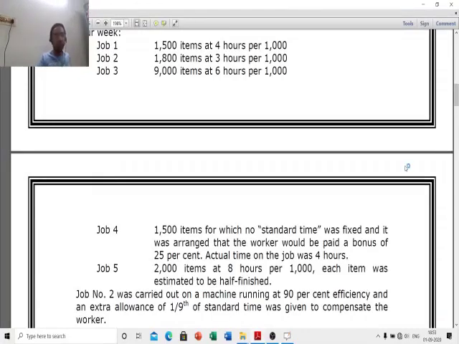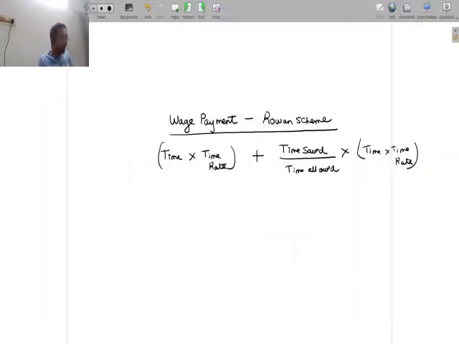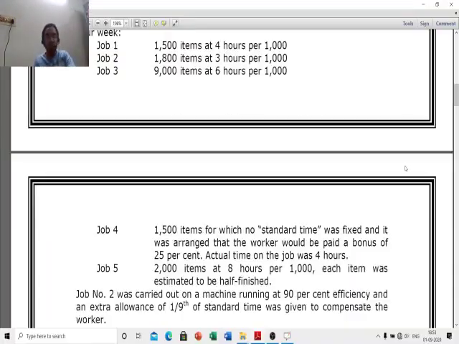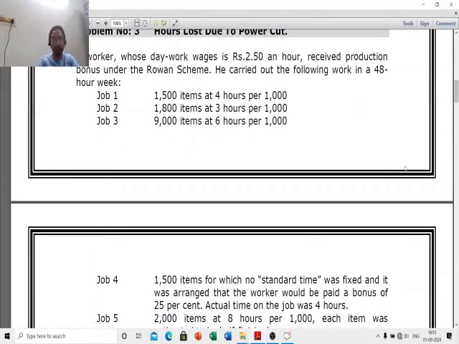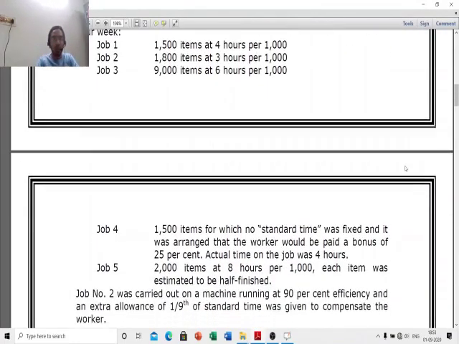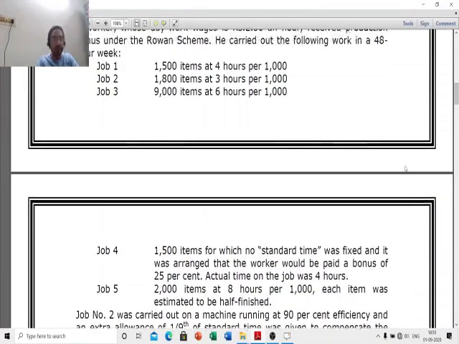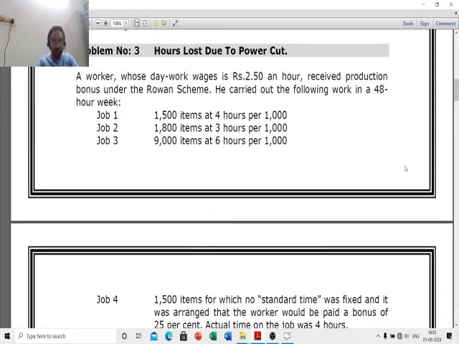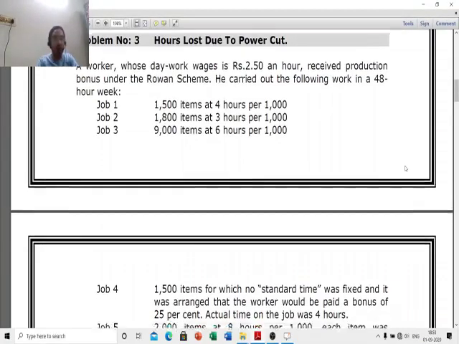Now, here it's important to understand time into time rate. Should we say 44 hours into rate or should we say 48 hours into rate? Now, the reason is we had a 4 hours power cut. So the workers have been in the factory for a 48 hours week, but they have actually done 44 hours of work. And in that they have finished job 1 to job 5.